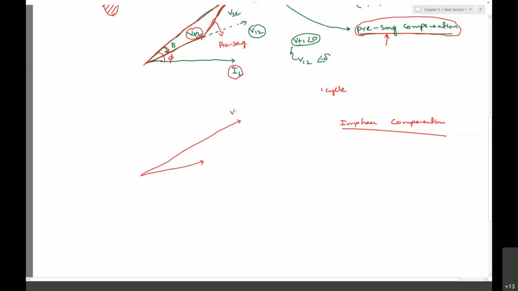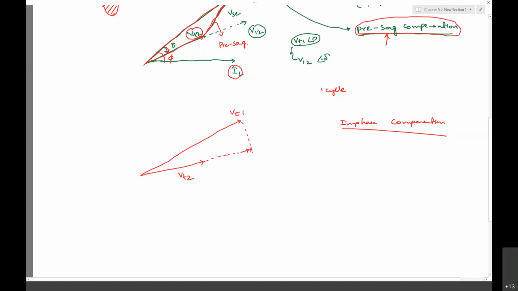This is VT1, this is VT2. In the in-phase compensation, the voltage is injected in phase with respect to the sag voltage.